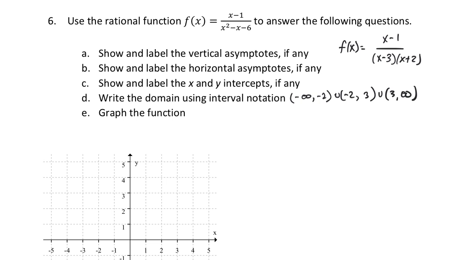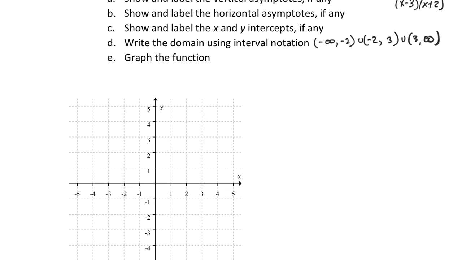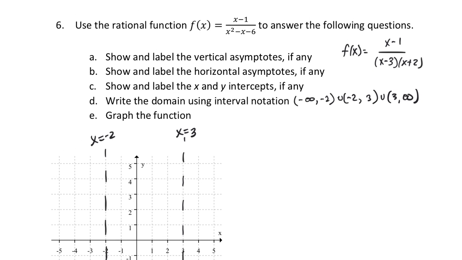So the exclusions, negative 2 and positive 3, those are the vertical asymptotes. And it says show and label, so we show them by that dotted line and then we label them like that.